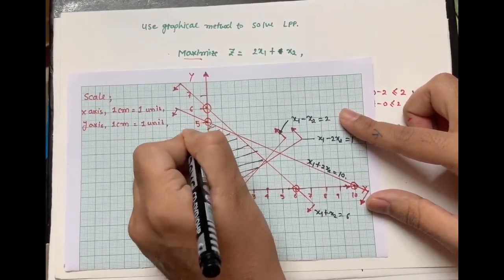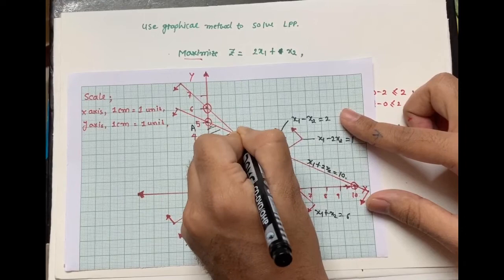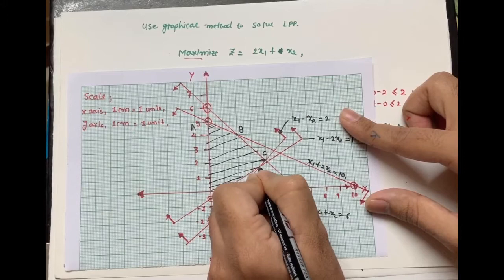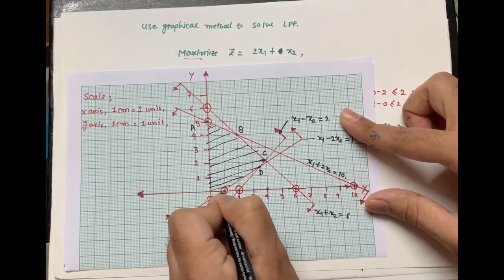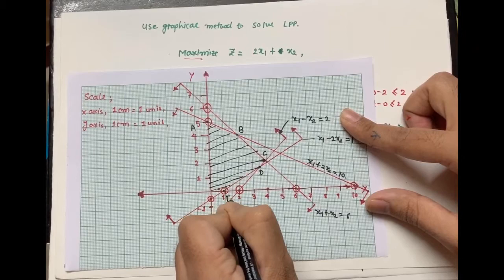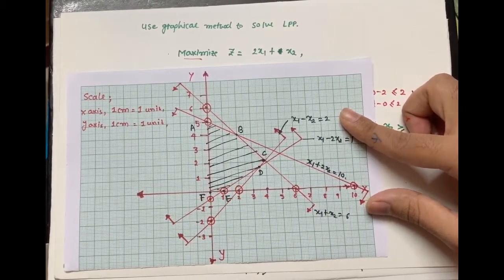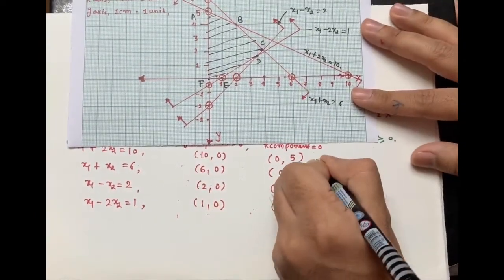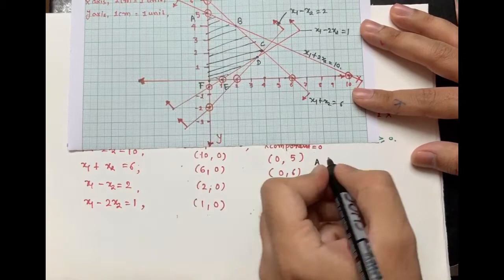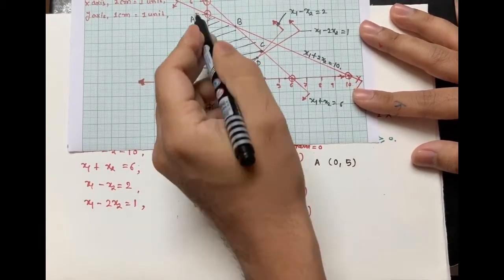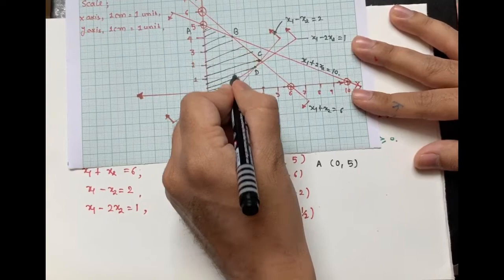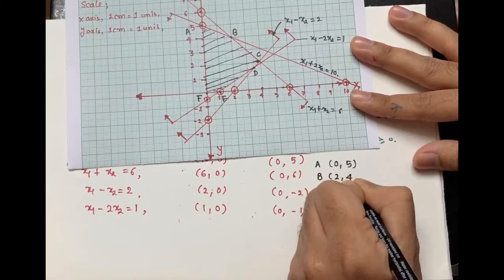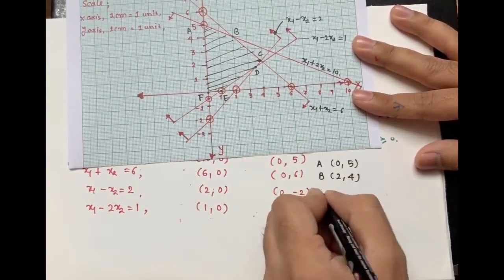How many points do I get here? This is my A point, B, C here, another point D, this is my E point, and this is F. A, B, C, D, E, F. If I write all these points: A is 0, 5. B is 2, 4. What is C?